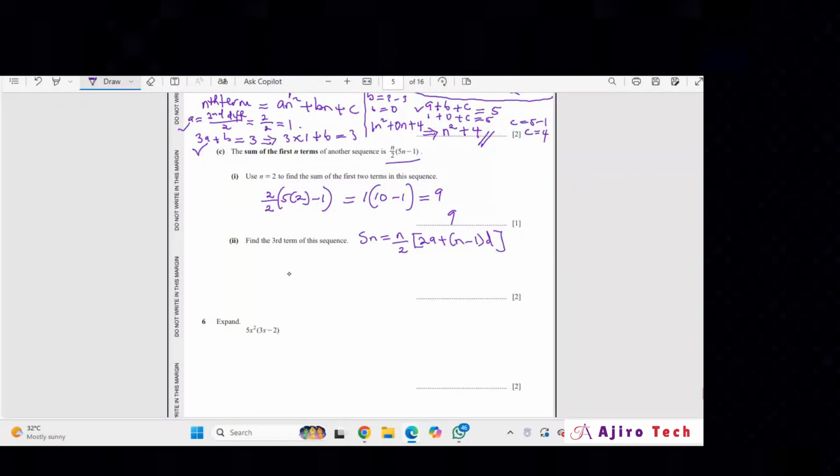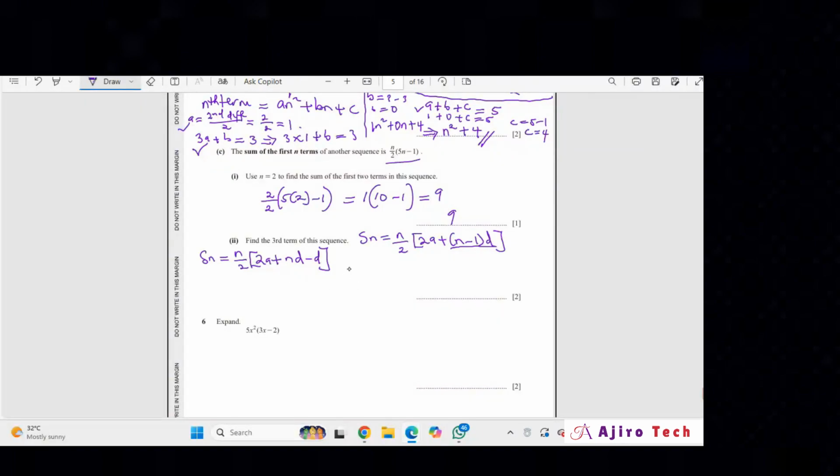This is the sum. So from here, I'm going to write Sn is equal to n over 2 open brackets 2a plus nd minus d. I open the bracket here. N times d is nd. 1 times d is minus d.